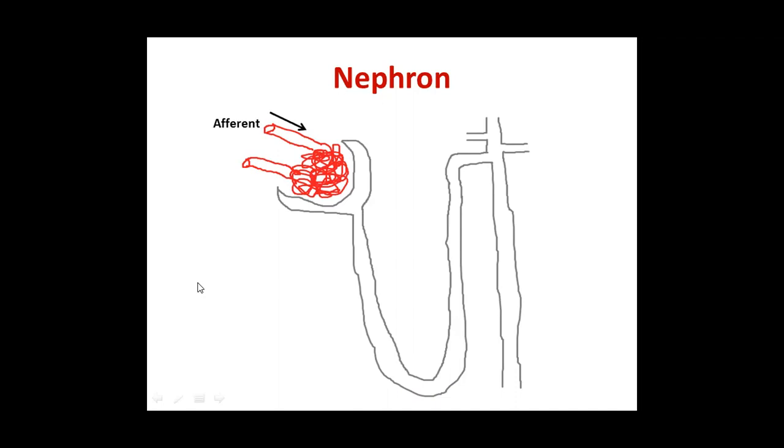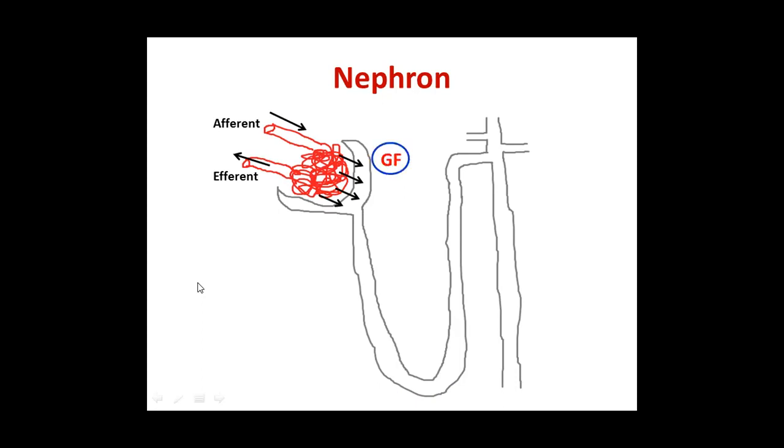This is the afferent arteriole, this is the efferent arteriole, and filtration takes place across the filtration barrier into the Bowman's capsule, followed by tubular processing or tubular transport.